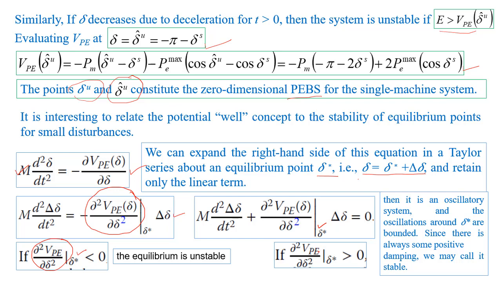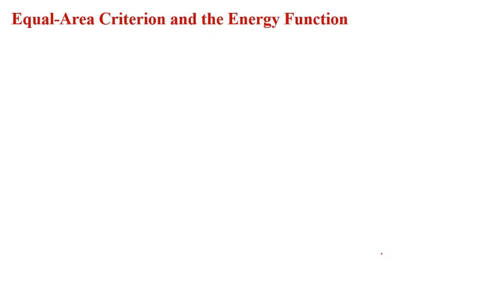Then it is an oscillatory system. Obviously it will be an oscillatory system because it will give conjugate imaginary eigenvalues, and the oscillations around delta star are bounded. Since there is always some positive damping, we may call it the stable system or stable equilibrium point.